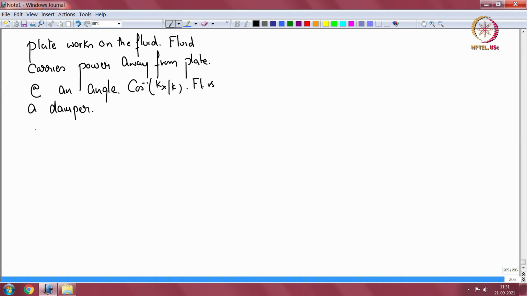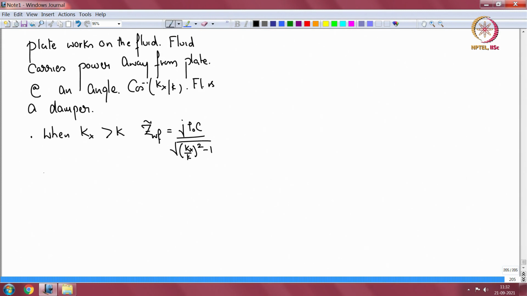Now when kx is greater than k, then the z tilde w is j rho 0 c by square root of kx over k whole squared minus 1.